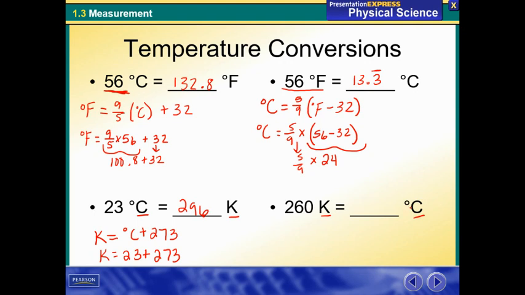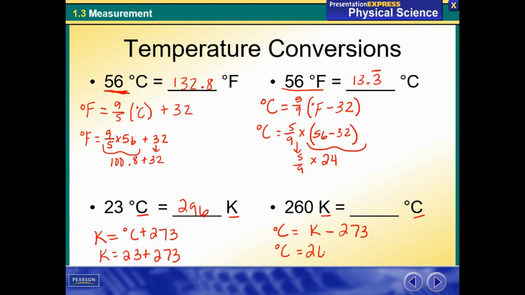For our last one, we are trying to find degrees Celsius. So again, we have to keep that on its own side of the equal bar. The equation that has degrees Celsius on its own side, if we look back at our notes, is Kelvin minus 273. So we're going to plug in what we know. We still don't know my Celsius, but we do know my Kelvin.